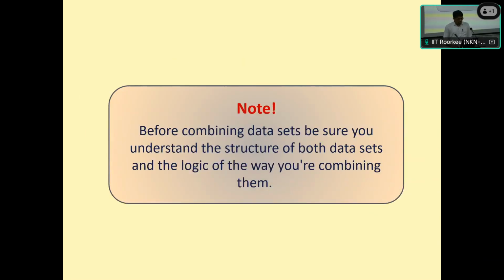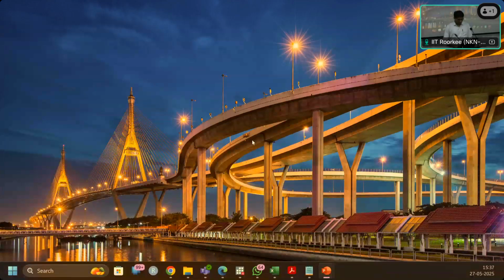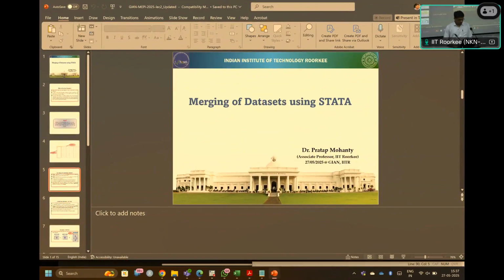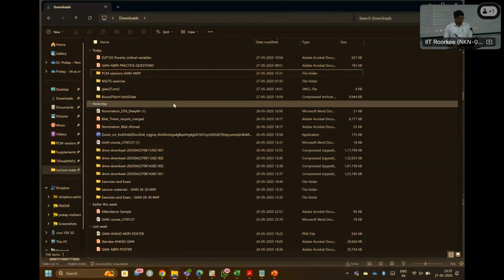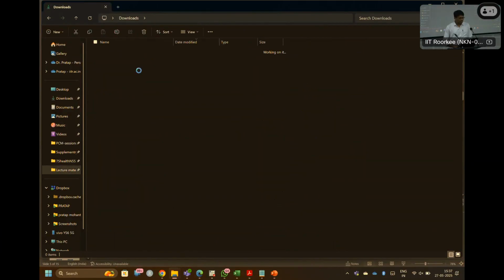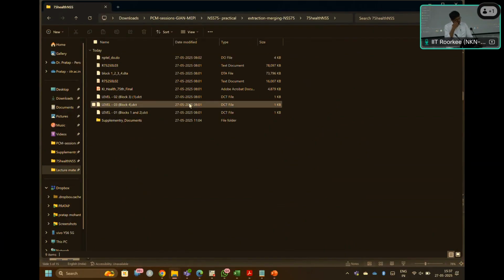Okay, so starting with any data set we have shared already. So I have these. NSS 75. Then I will also give you the codes and the estimation of consumer expenditure round 68 and 66.